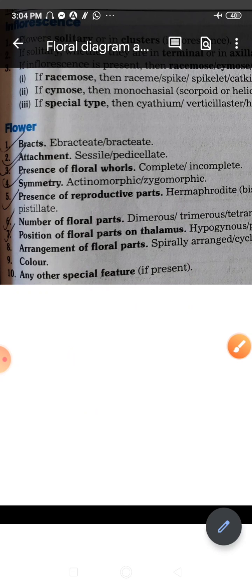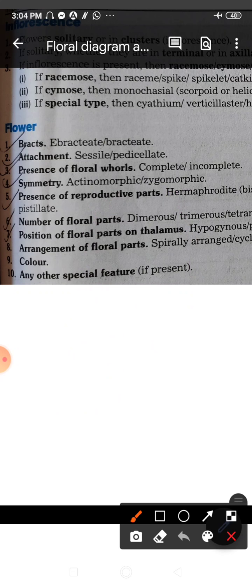Then the next is the presence of the reproductive part. So we talked about the flower being bisexual, that means having both the sexes, or unisexual, right? If it is bisexual, that means the androecium as well as the gynoecium both are present.